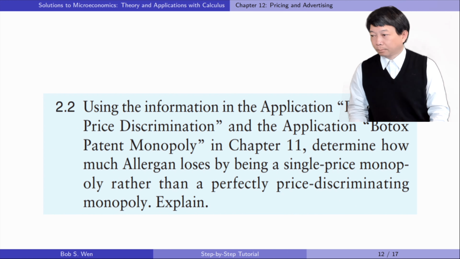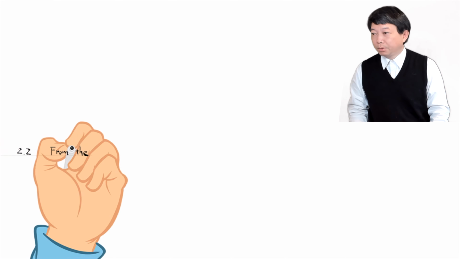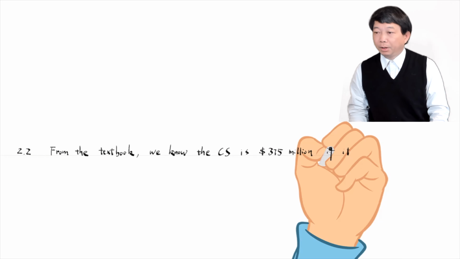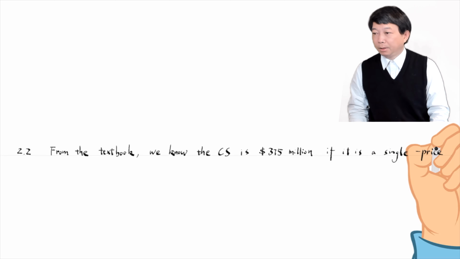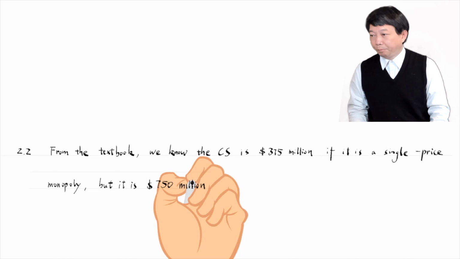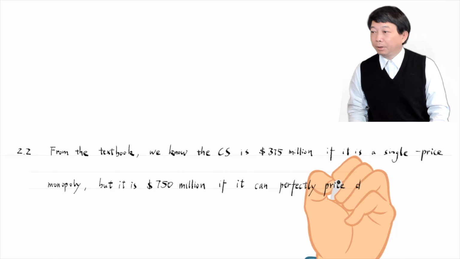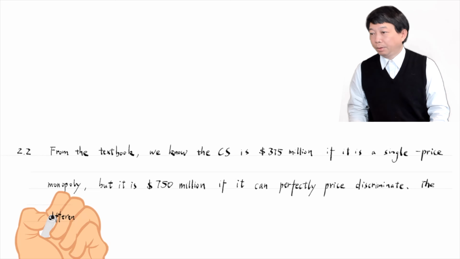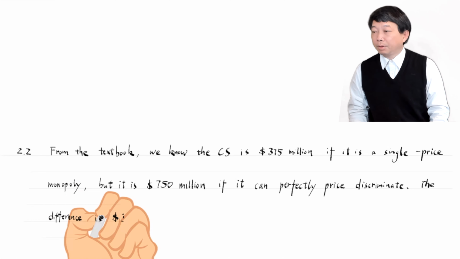Explain. From the textbook, we know the producer surplus is $375 million if it is a single-price monopoly, but it is $750 million if it can perfectly price discriminate. The difference is $375 million.